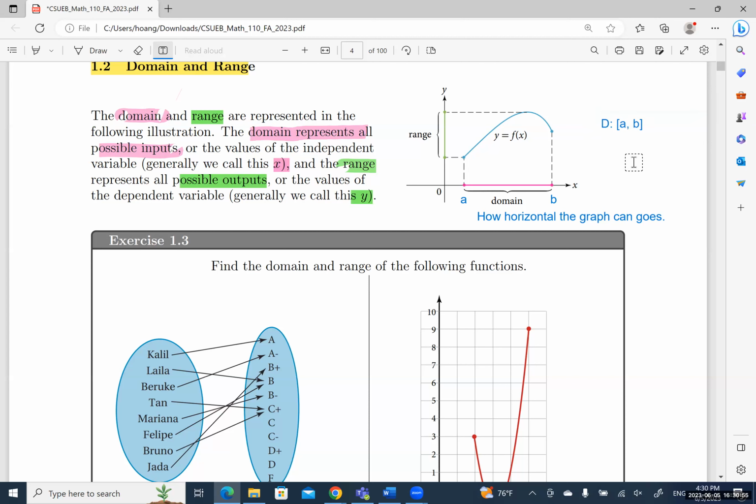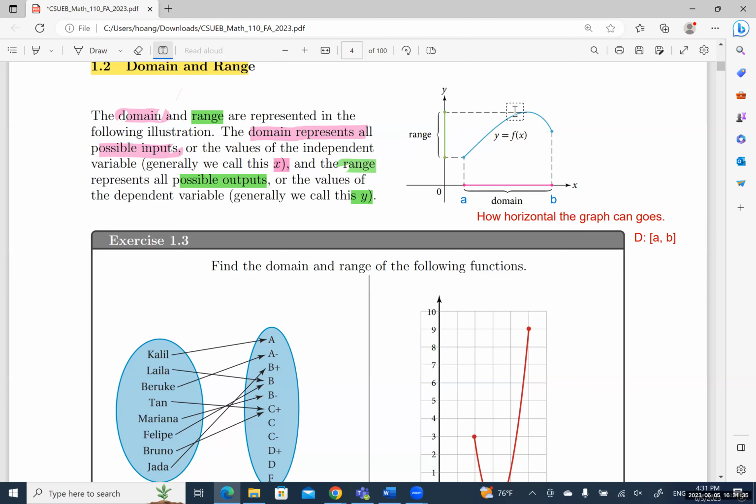Okay, so for the range, let's change this color to be red. For the range, I would say the graph, as you see, starts from here at the lowest, and I just move vertically.